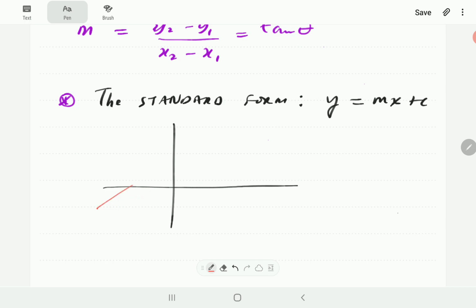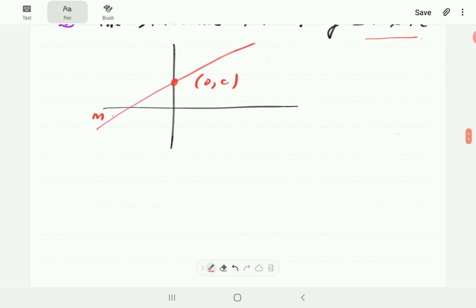So if we have a straight line going through (0, c) with gradient m, then its equation is given by y equals mx plus c, which is called the standard form.